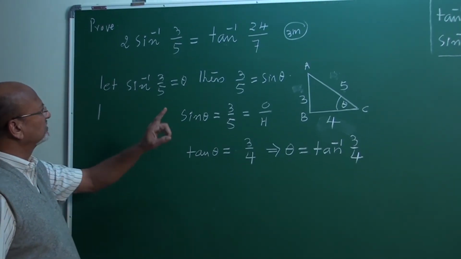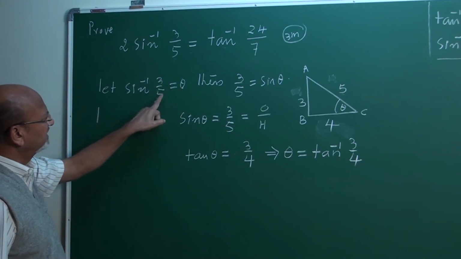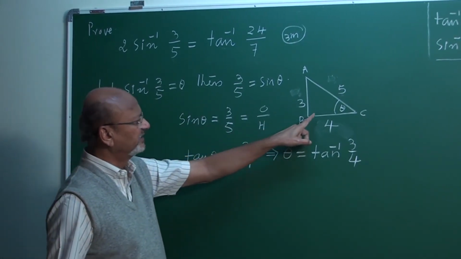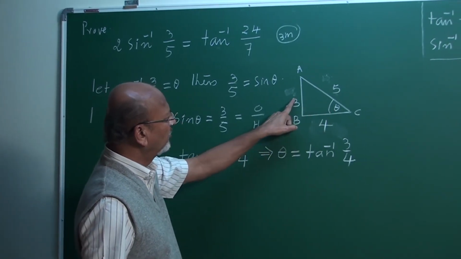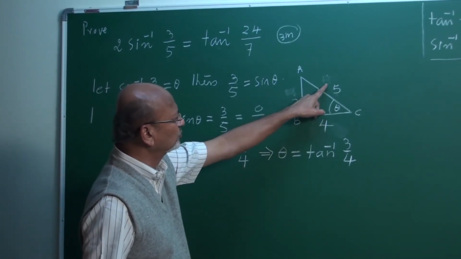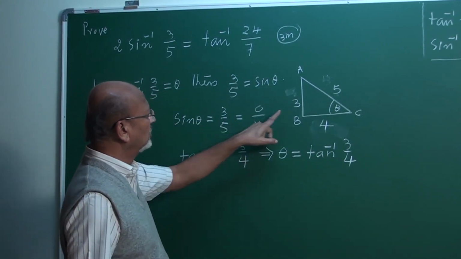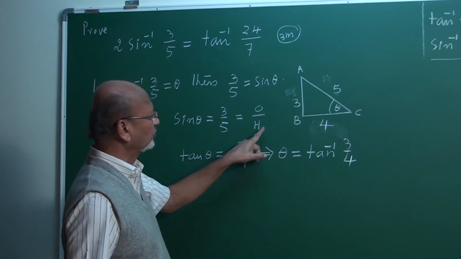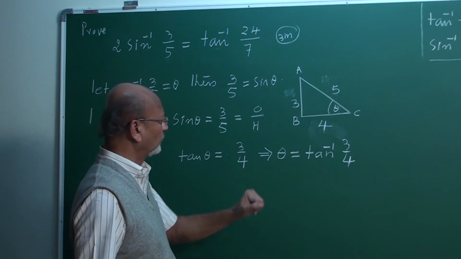My friends, once again, let this equal theta. Sin theta is 3 by 5: above, opposite; down, hypotenuse. Pythagorean numbers directly give 4.